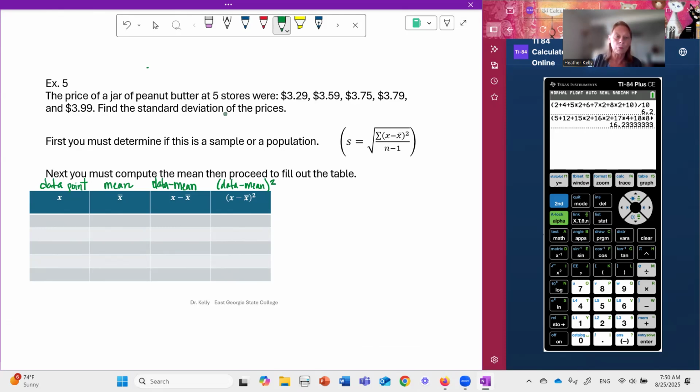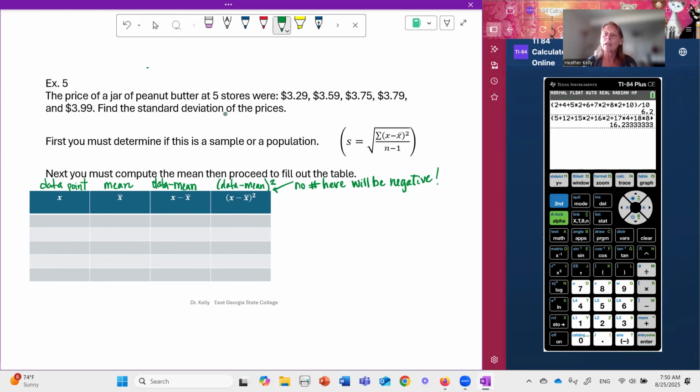No numbers in that column will be negative. If you get a negative number, you've done your square wrong on your calculator. When you square a number, that means the number times itself, and two negative numbers multiplied together are always positive.